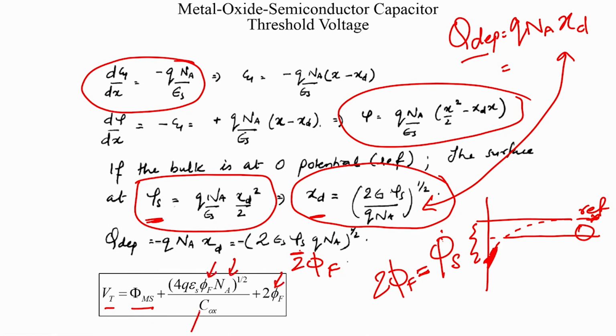If you know epsilon ox and T ox, you know Cox; that is the permittivity of the semiconductor, and that is the work function difference between the metal and the semiconductor. This work function difference divided by Q is the potential term, and you end up with the threshold voltage, which is a very useful modeling parameter.